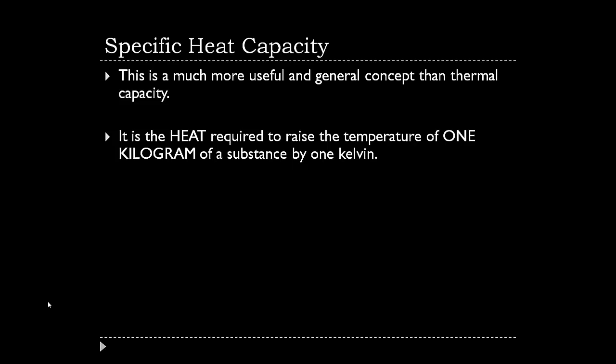The thermal capacity is useful, but it's more useful to define something called the specific heat capacity. And so this is the heat required to raise the temperature of 1 kilogram of a substance by 1 Kelvin. So this basically allows us to compare different types of substances, to compare the changes in temperature that we can achieve with a certain given amount of heat applied.